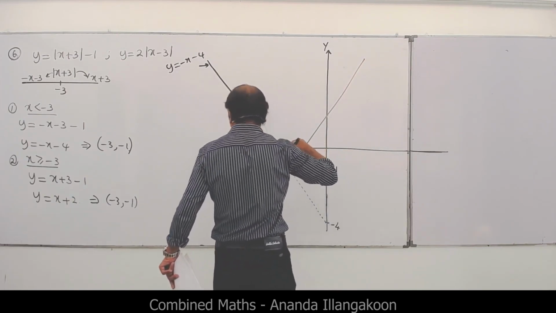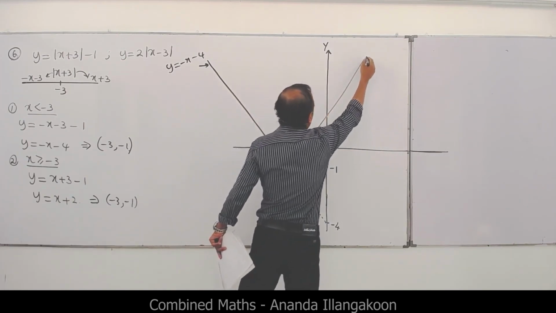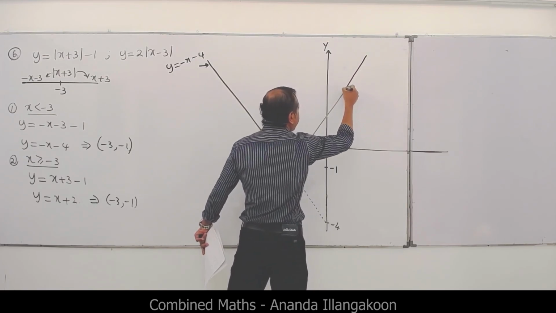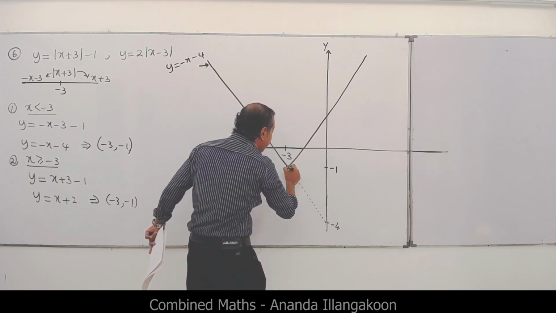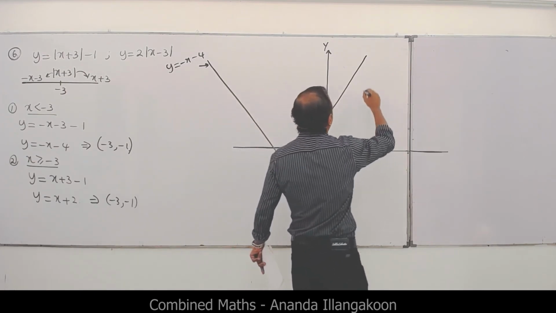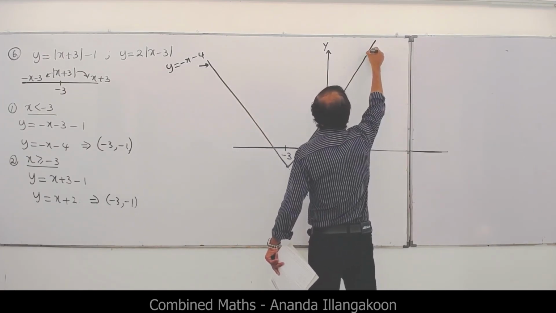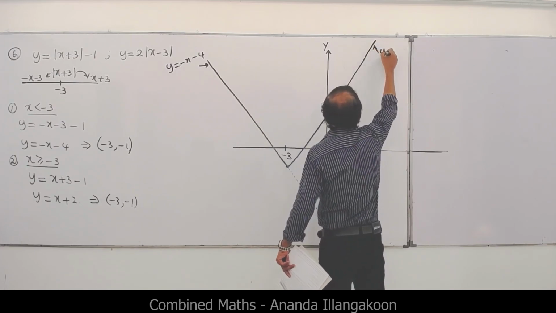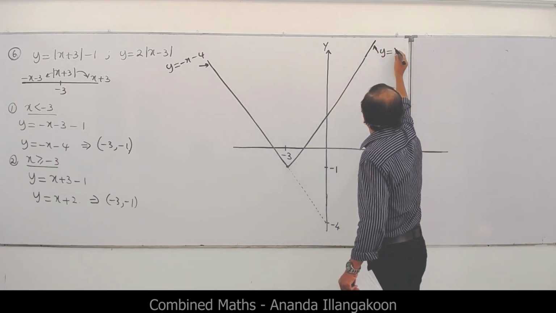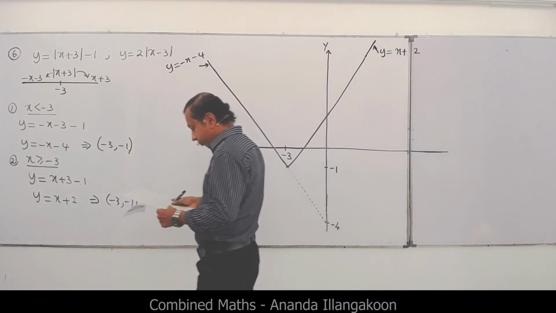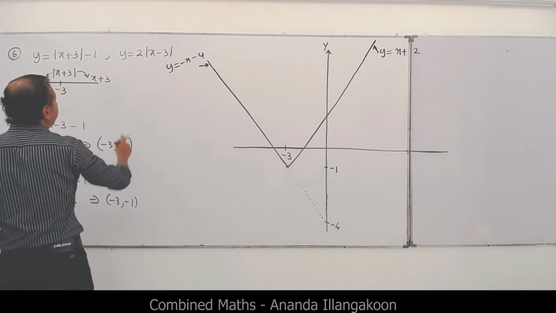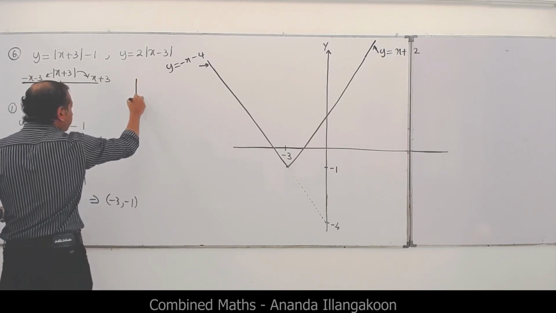This way we get that line. Its equation is y equals x plus 2. The second graph is this, we'll draw that too.